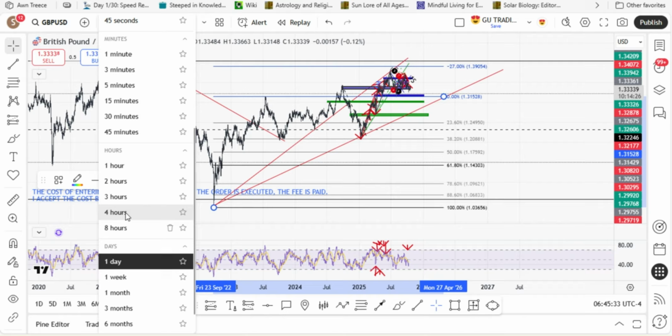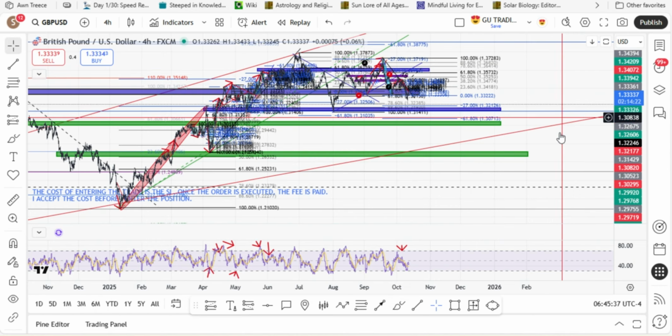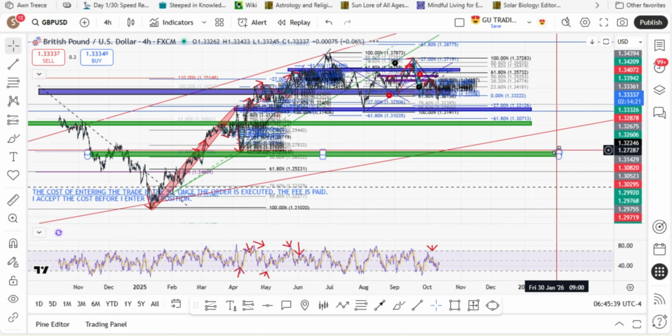All right, so 4 hours. We are still within these two areas.